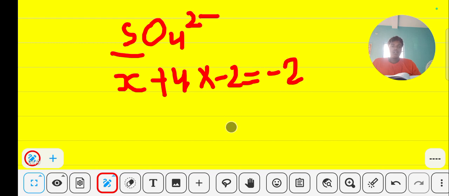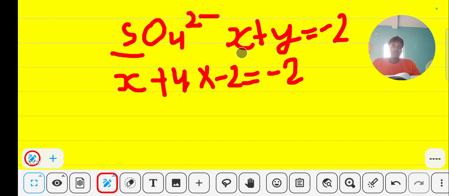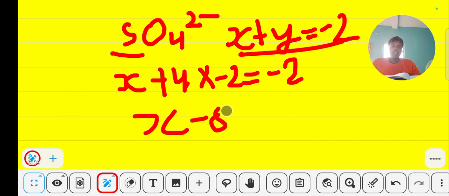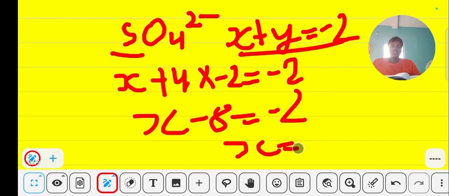So x plus 4 times minus 2 is equal to minus 2. We only have to solve this equation and we will get the result. So x minus 8 is equal to minus 2, so x is plus 6.